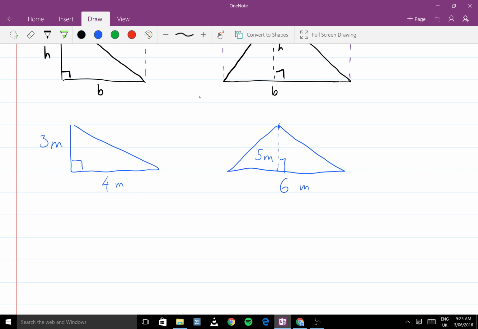So here I've got a triangle that is 3 meters, that's the height, by 4 meters, which is our base. All we need to do to work out the area is first of all write the formula: half base times height equals our area.